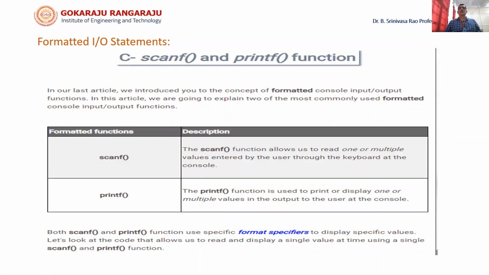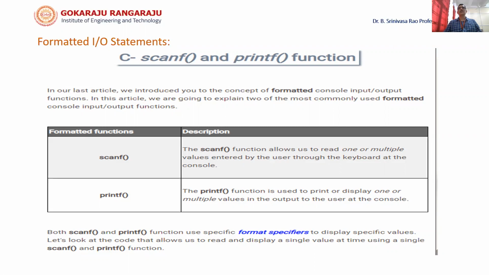Now there are four formatted input-output functions. One is scanf, second is printf, another one is fscanf, another one is fprintf. The first set, scanf and printf, is used for input-output operations from the standard input-output devices and the memory.